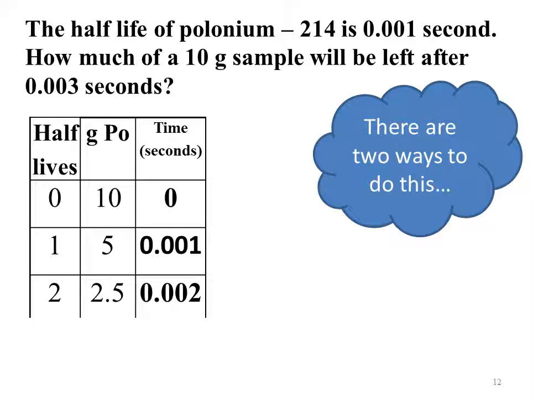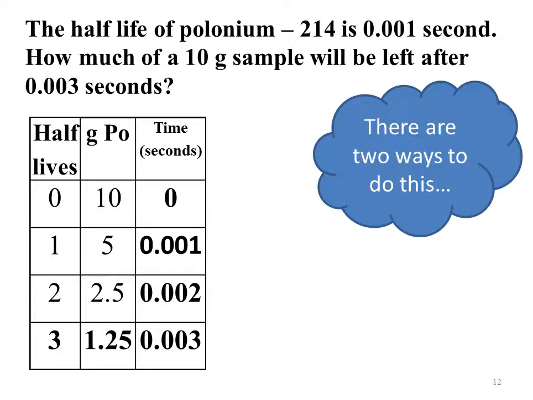So we're just going to do the 0.001 times 2 here. So 0.002. And then after 3 half-lives, you're going to have 1.25. I did 2.5 divided by 2, and I did 0.002 times 3.